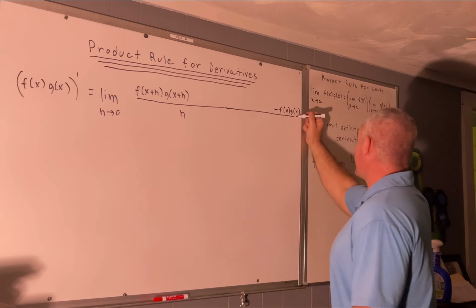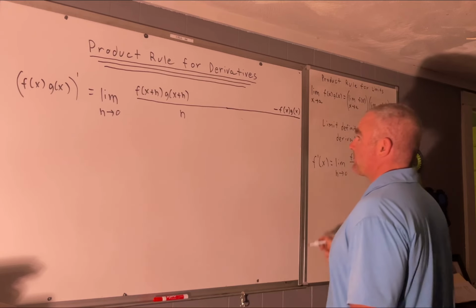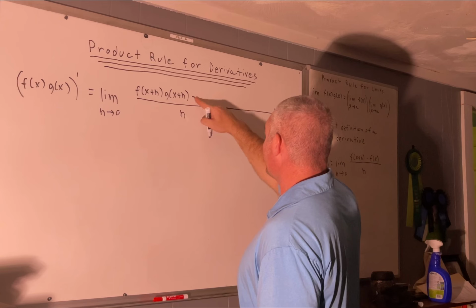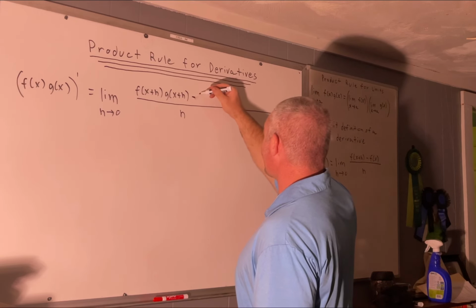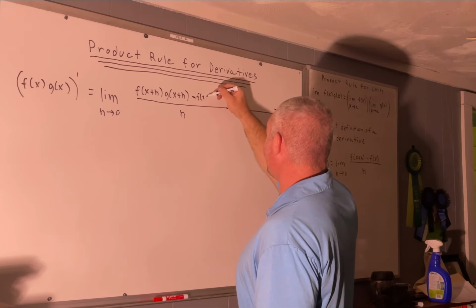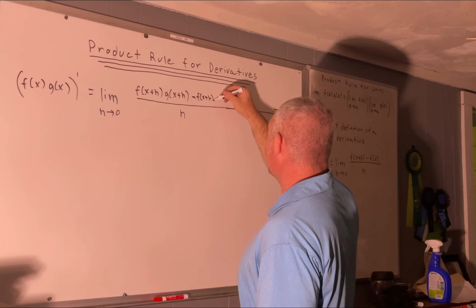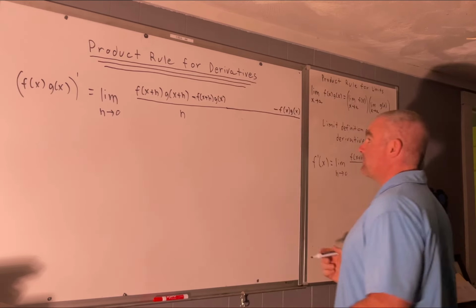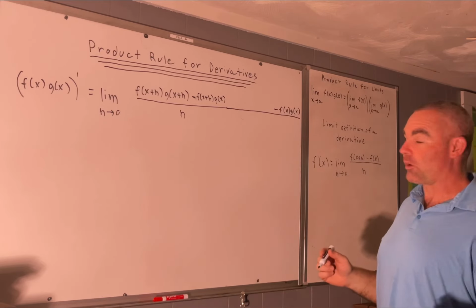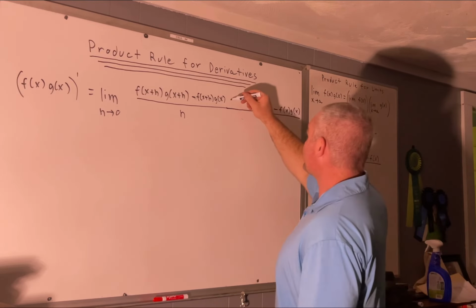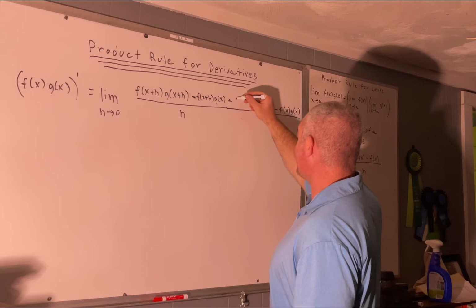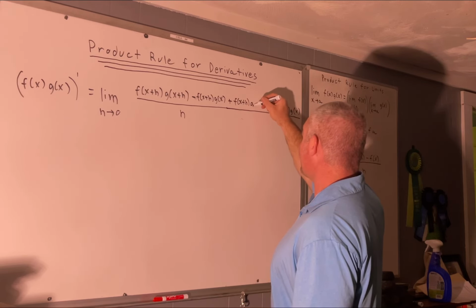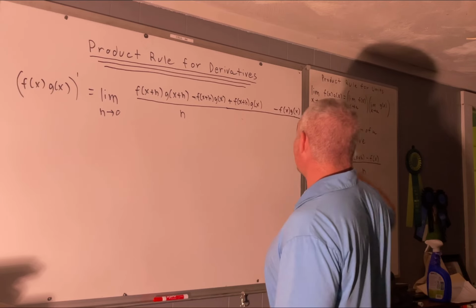Okay. Now the thing we're going to subtract is, I need a lot of room here, we're going to subtract f of x plus h times g of x. And to keep the function equivalent to what it was before, we need to add that back. So, plus f of x plus h times g of x. Okay.